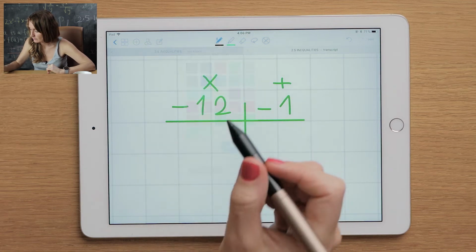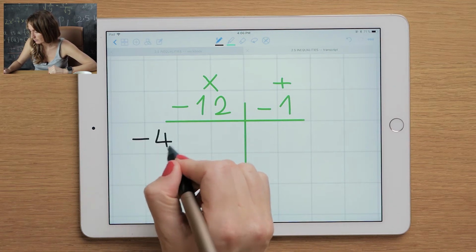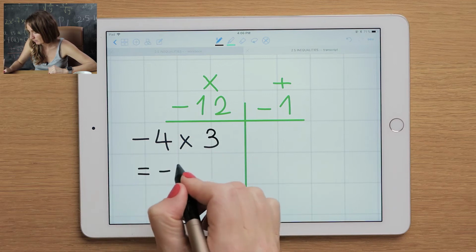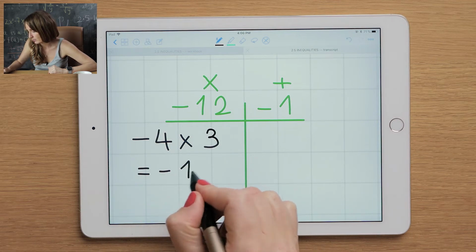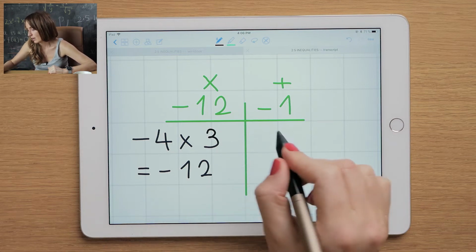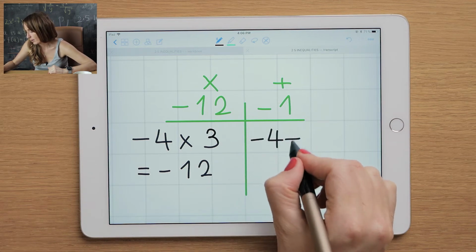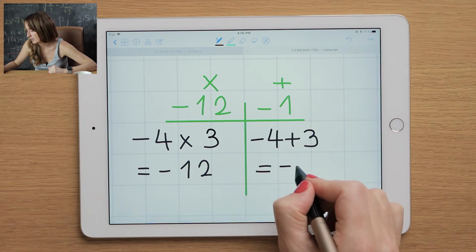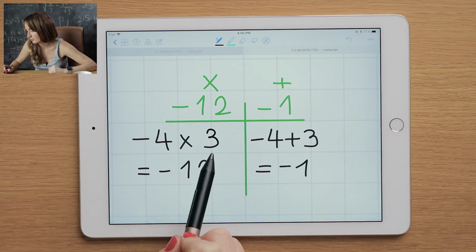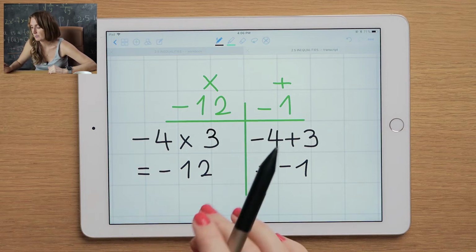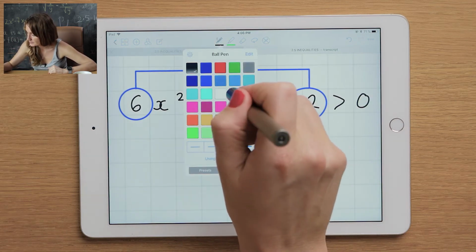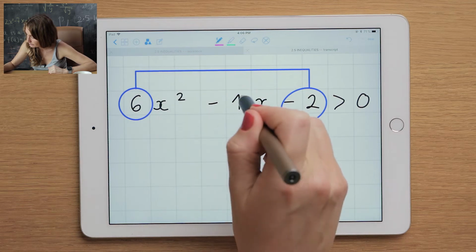So I'm going to choose minus 4 times 3, because minus times plus will give me minus, and 4 times 3 will give me 12. Minus 4 plus 3 will sum together to give me minus 1. So minus 4 and plus 3 are the numbers that I'm looking for. We use the minus 4 and the plus 3 to split up this middle term here.